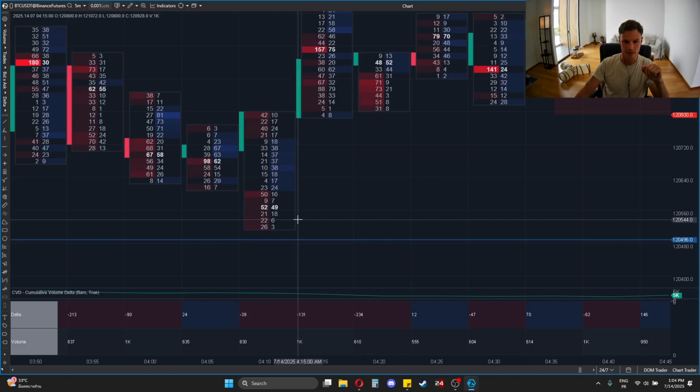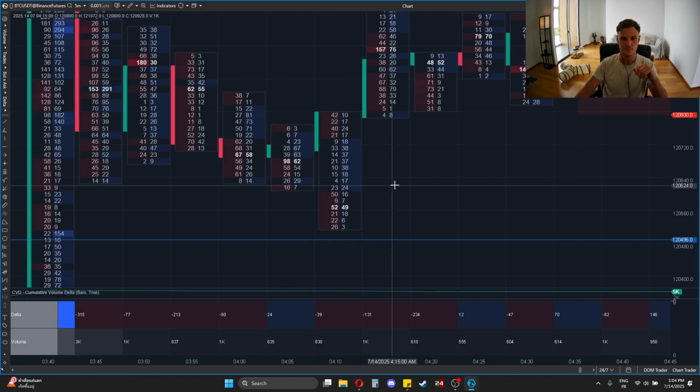And you have different levels here because it's at each price level. So at 120,528 here to the right, you had 26 market sellers versus 3 market buyers, okay? And so each level, you have different amount of contracts, sellers versus buyers on each level of that candle, okay?